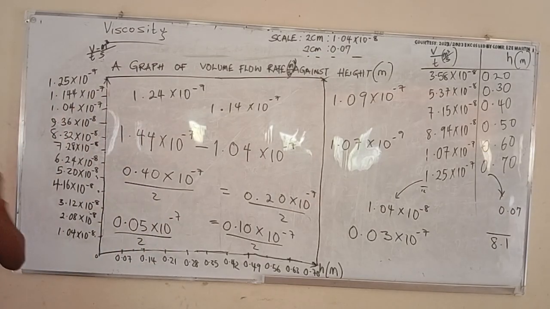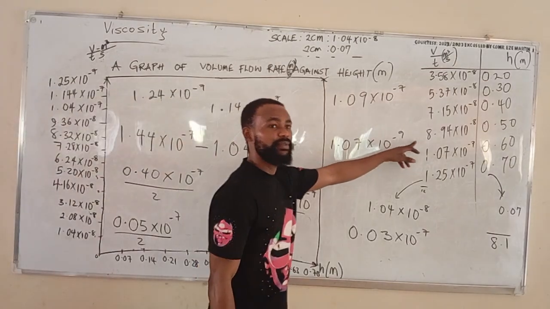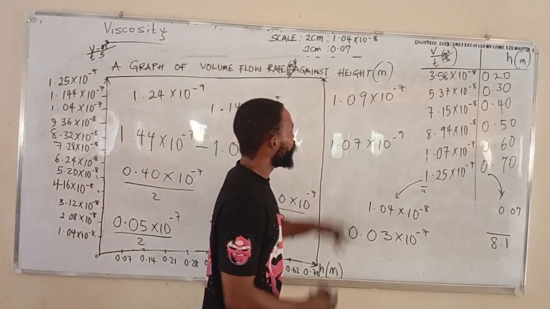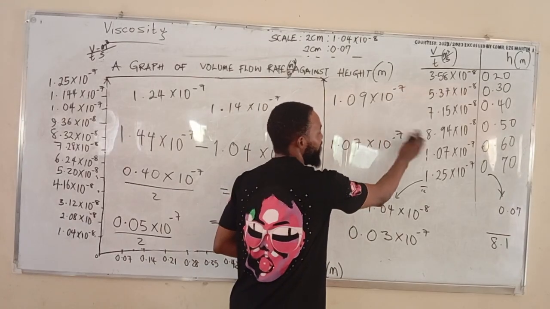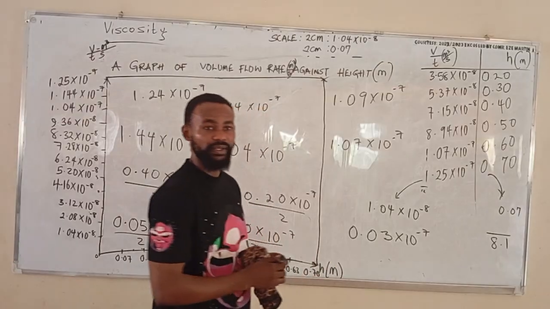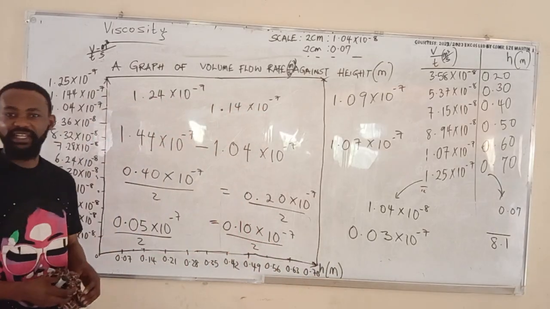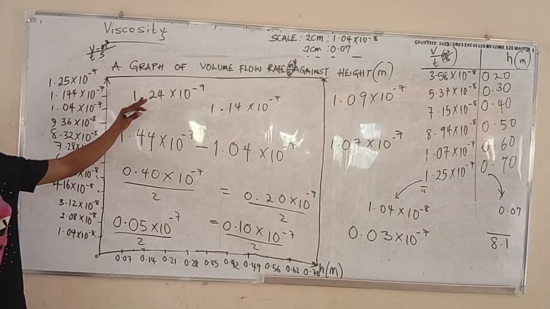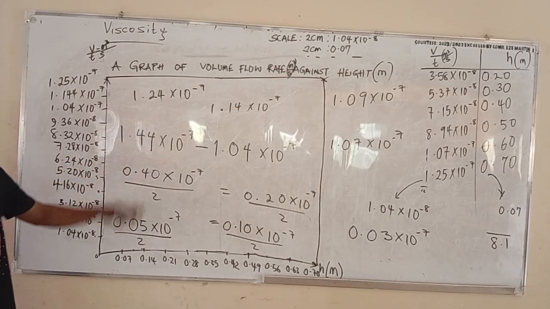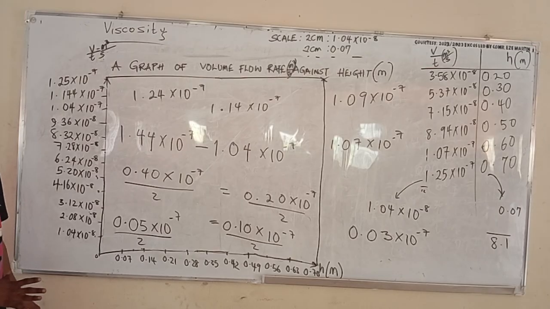Which one? 1 point again. Okay, it's all 9. No, it's 7. You can see how stressful this thing is. This thing is very stressful, right?